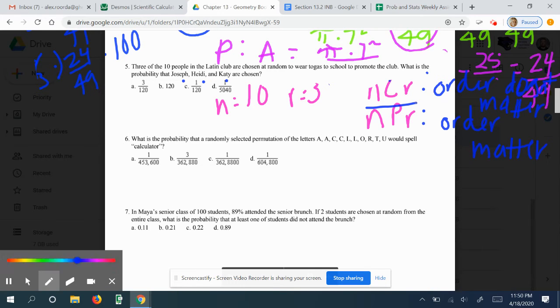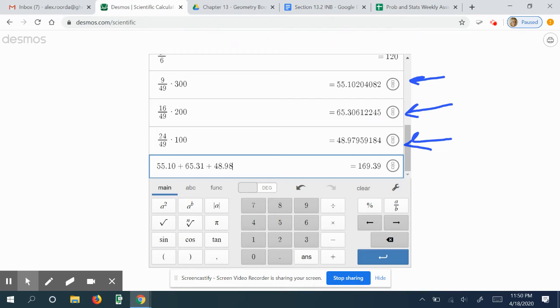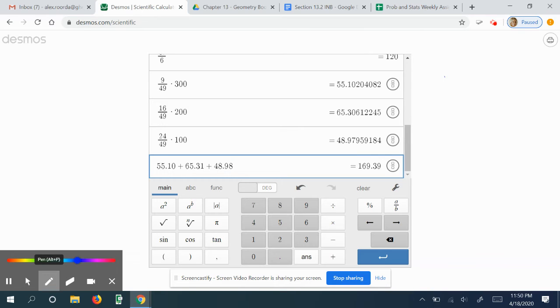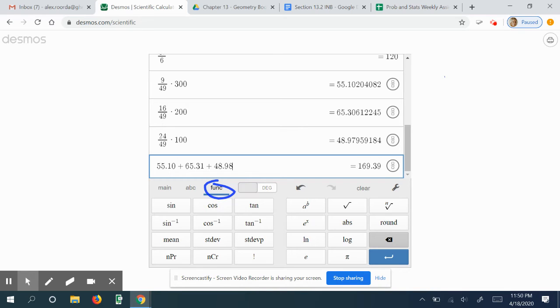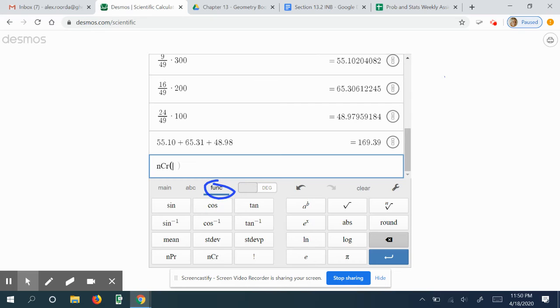Okay, so what we're going to do is go to Desmos, and it's actually one of our functions. So first I got to get rid of these. But you'll notice that here in the function section, I can click on that. And when I do, I have a combination button, right? You see this NCR?